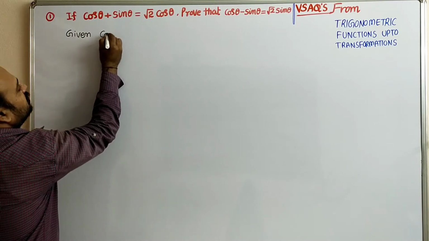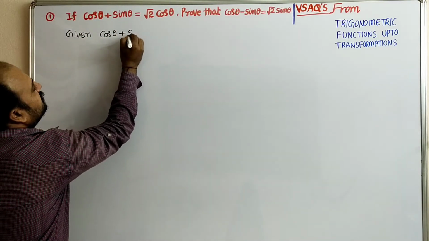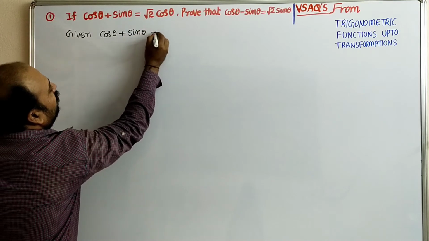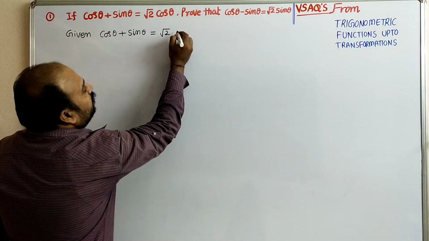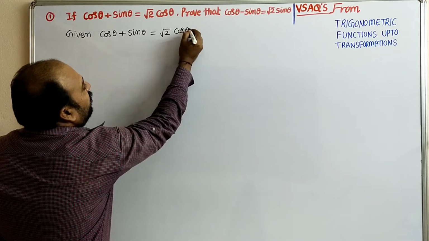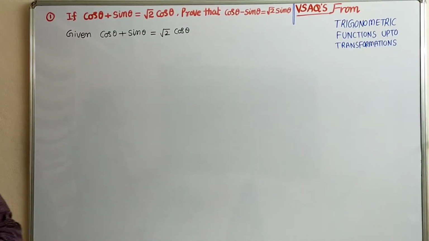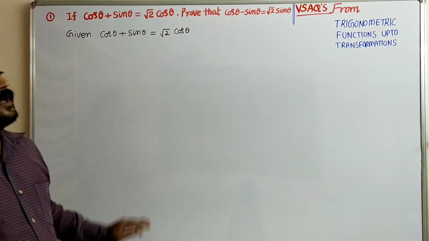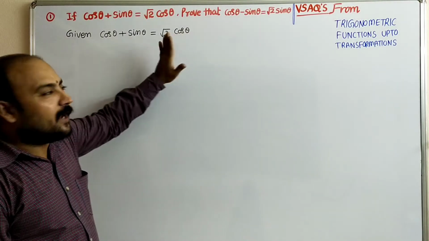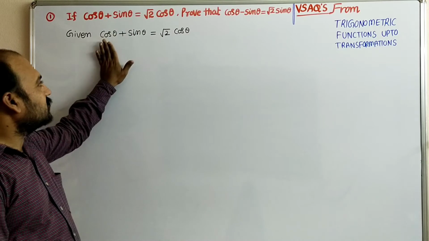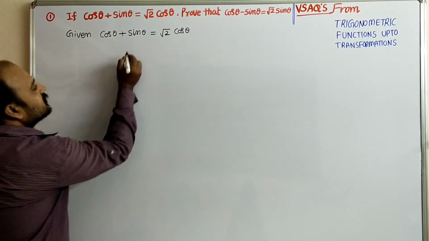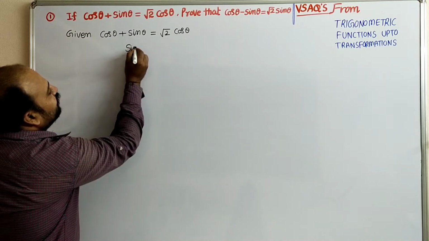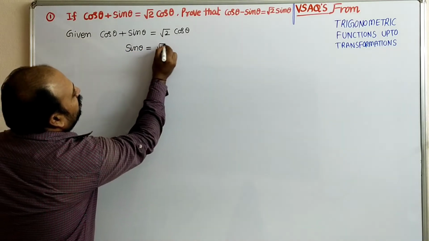Given cos theta plus sin theta is equal to square root of 2 into cos theta. After writing this step, here cos theta is there. This cos theta we are taking into the RHS. So now it becomes sin theta equal to root 2 cos theta.